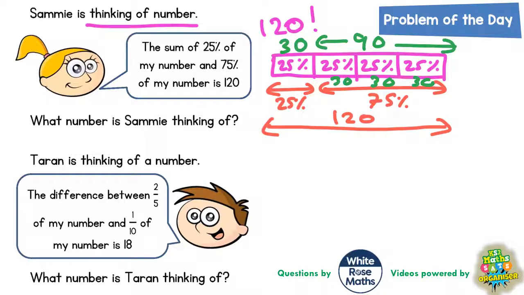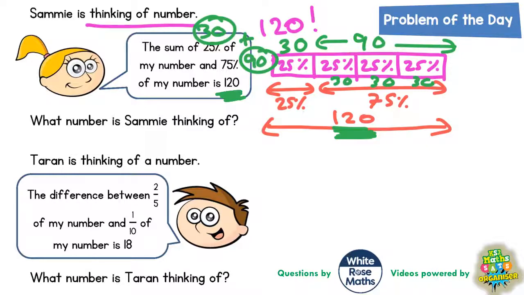So if the number she's thinking of is 120, then 25% of that would be worth 30, and 75% of that would be worth 90. So the sum of 30 plus 90 is 120. So the number she must be thinking of is 120.